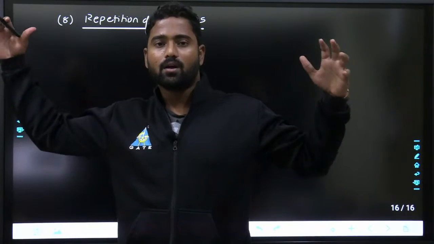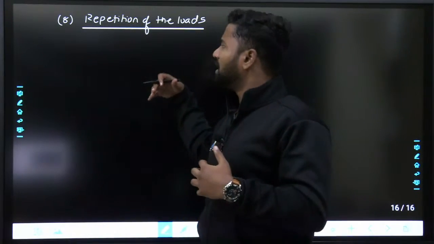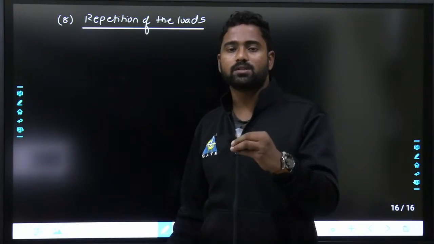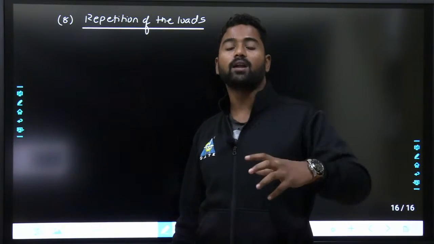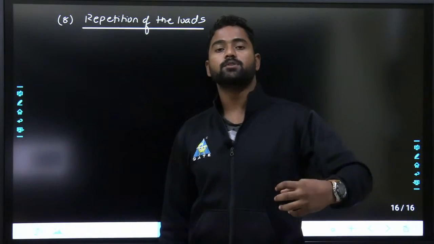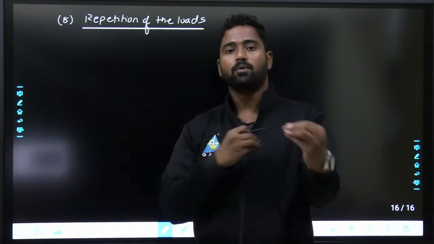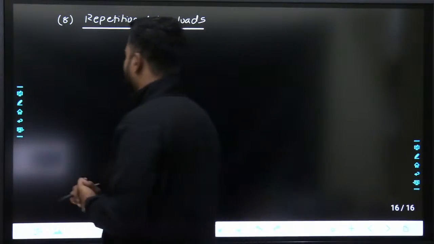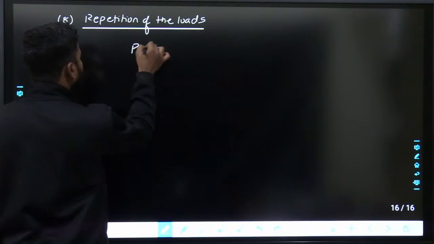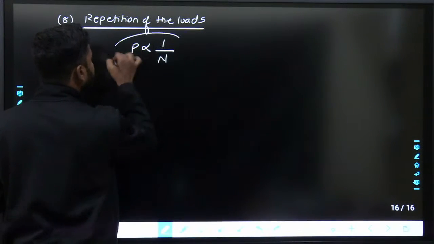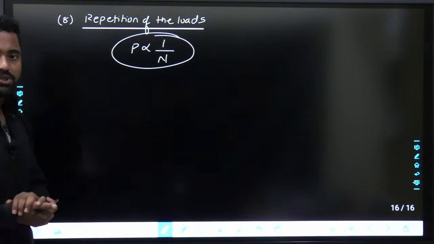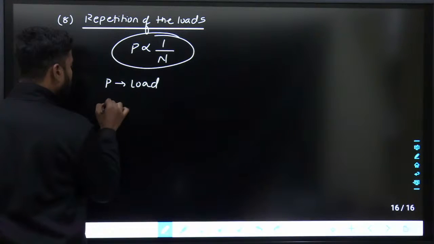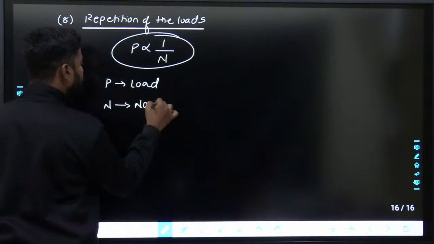Bigger lorries will be moving very rarely, whereas scooters, bikes and cycles will be moving at a much higher frequency. So load is inversely proportional to the number of repetitions of the load, where P is the load and N is the number of repetitions of the load.